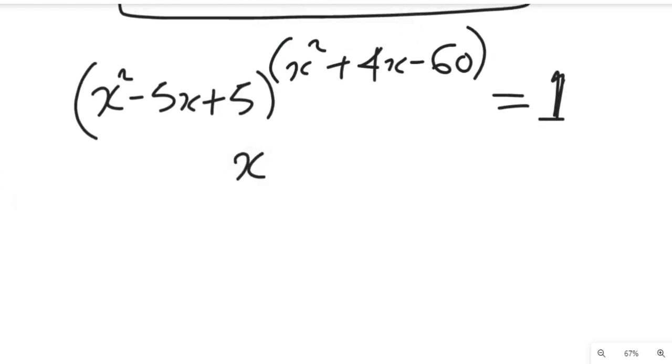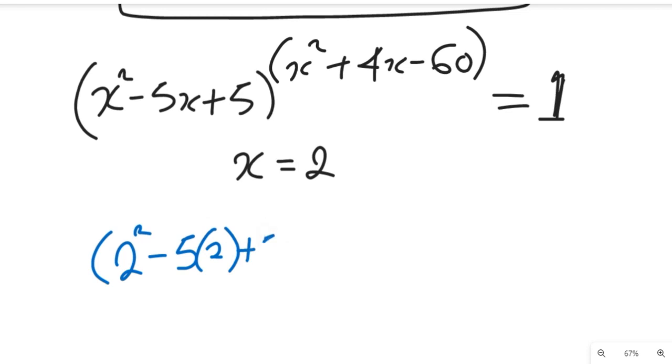If we substitute x equal to 2 in that expression, we'll have 2 squared minus 5 times 2, which is 10, plus 5, and then 2 squared plus 8 minus 60.